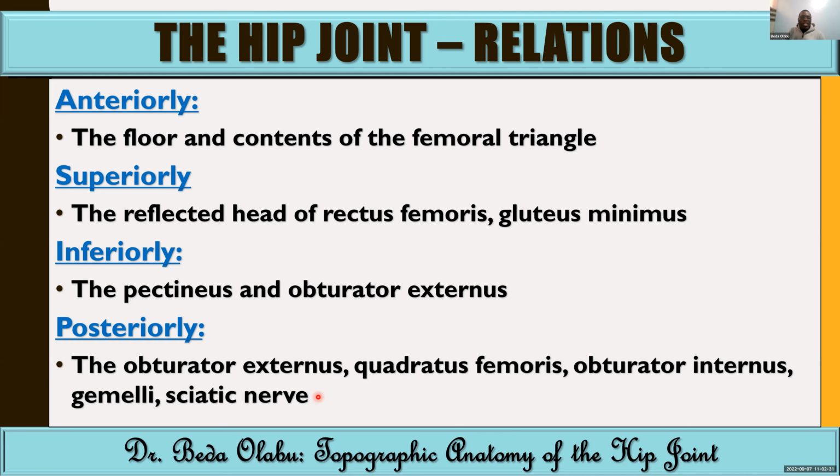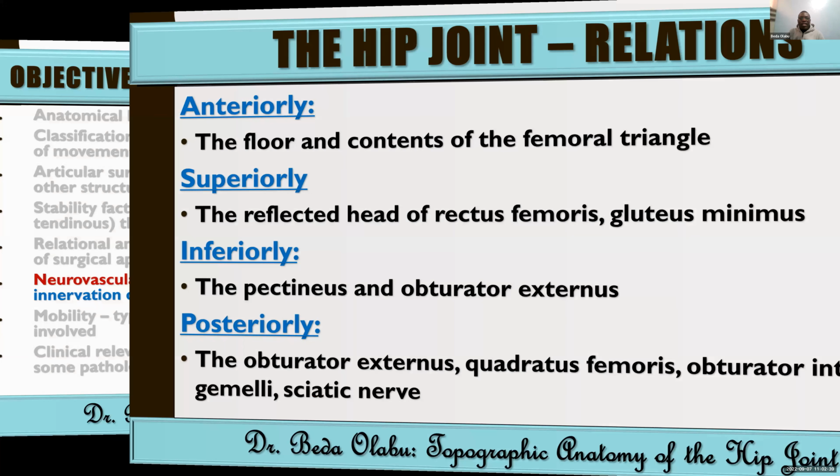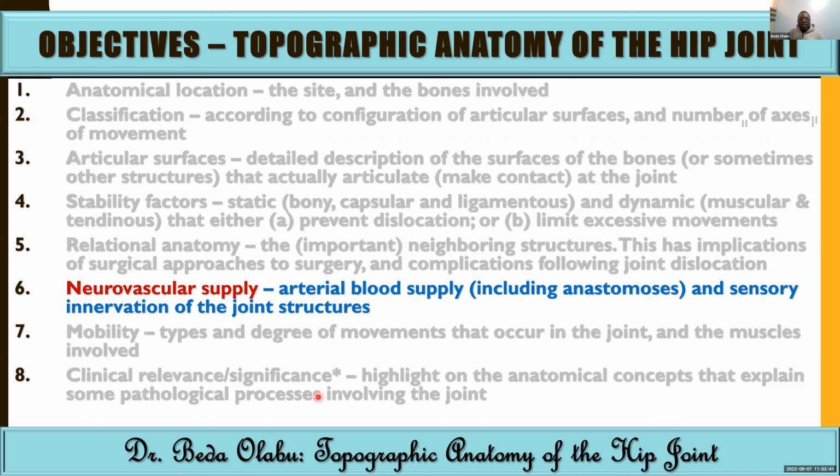But of course, the main one to mention here is the sciatic nerve. Great, those are the relations of the hip joint, and we can use that information to apply what would then happen. So you can apply that information clinically in dislocations or in approach to surgery.